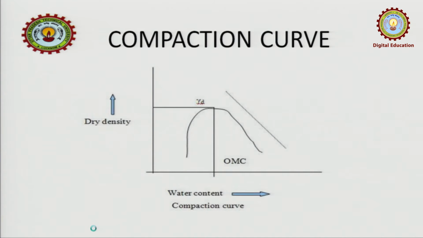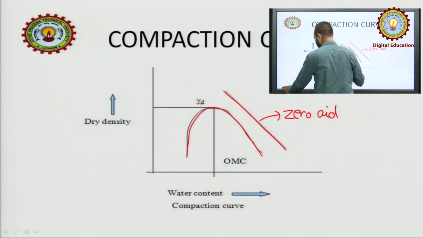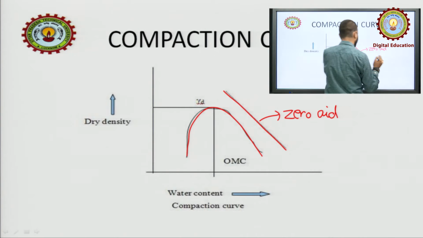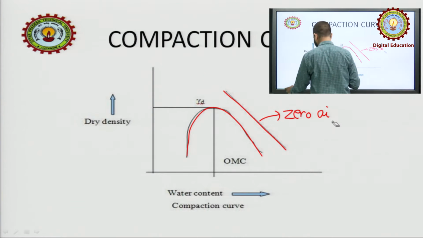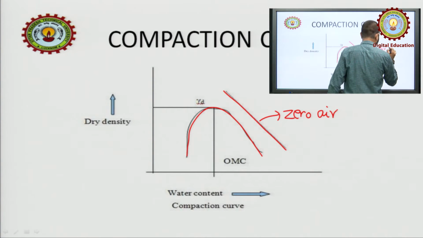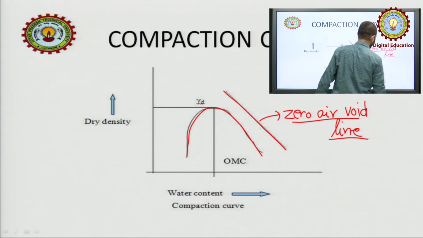Now, in this diagram, if you see, this is the curve, and here you can see it is a line. This is the zero air void line.